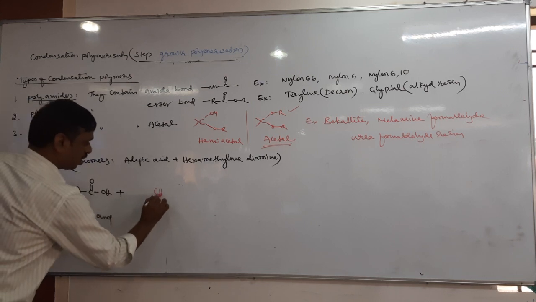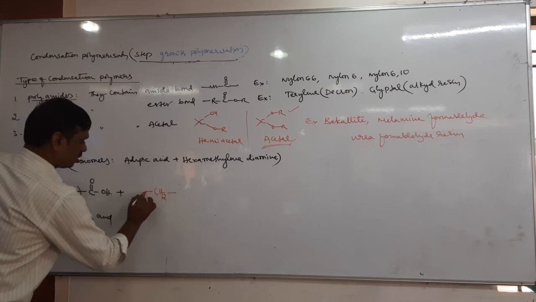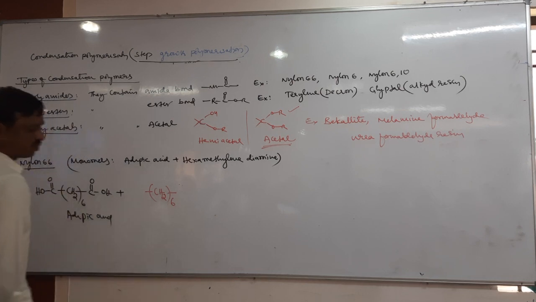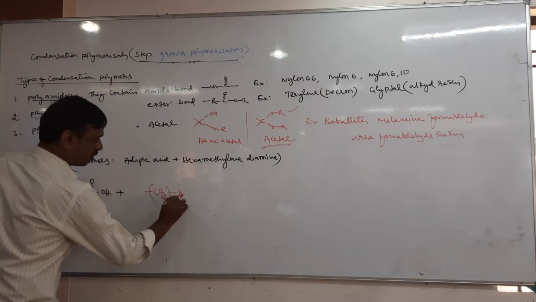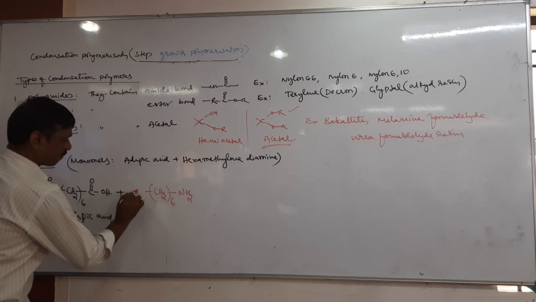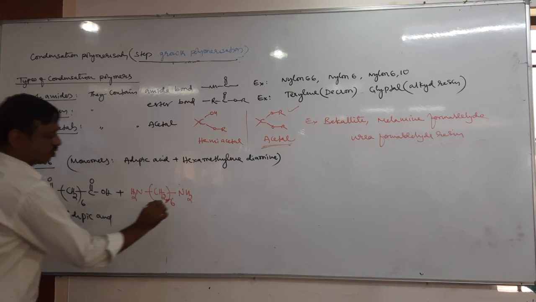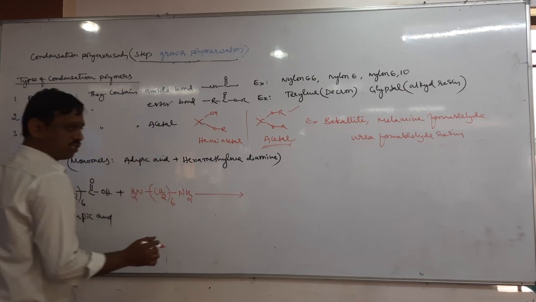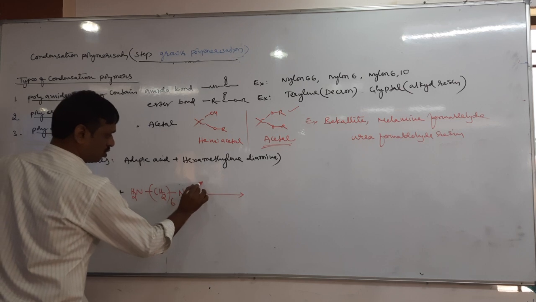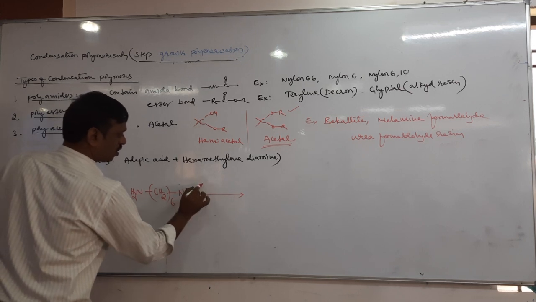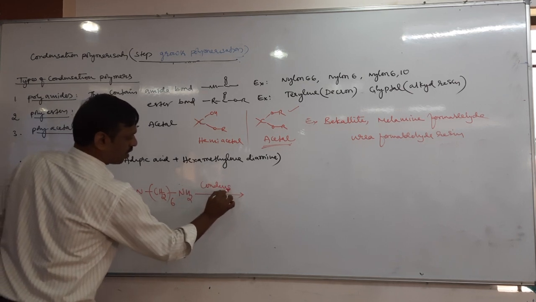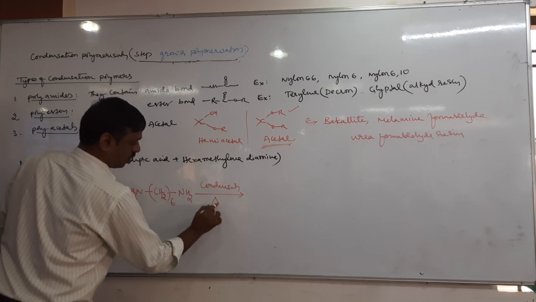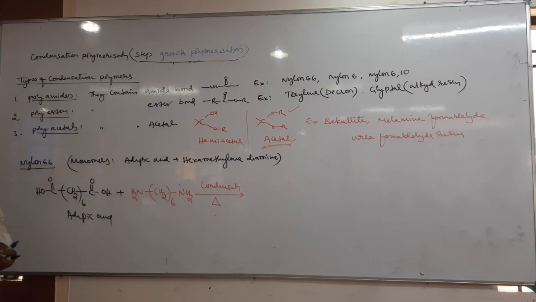Hexamethylene means there are 6 methylene groups, and diamine, 2 amine groups. Okay, so this undergoes polymerization. Which polymerization? Condensation polymerization. Usually it takes place on heating because water has to be removed.